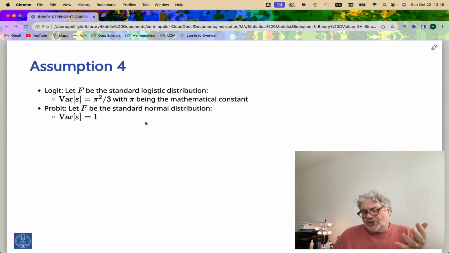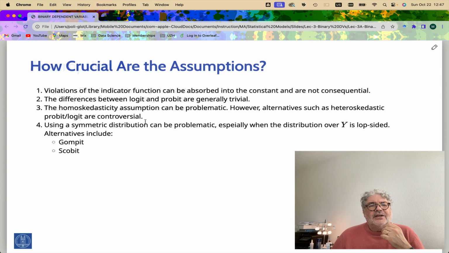And we have to do some additional work, which you will do in the lab tomorrow, to understand what the effect of predictors is. The other reason is, of course, the fact that the relationship between the linear predictor and the probability of voting is not a straight line. It has this S-shaped nature, which means that that relationship varies.